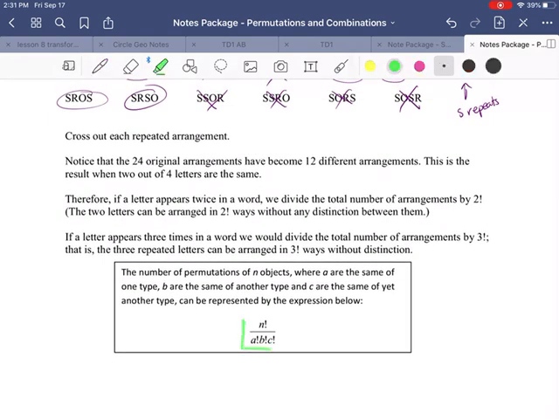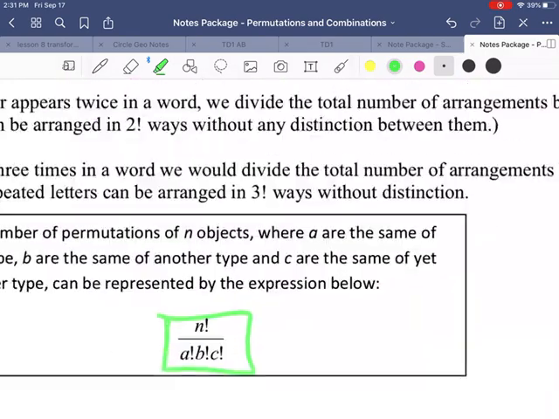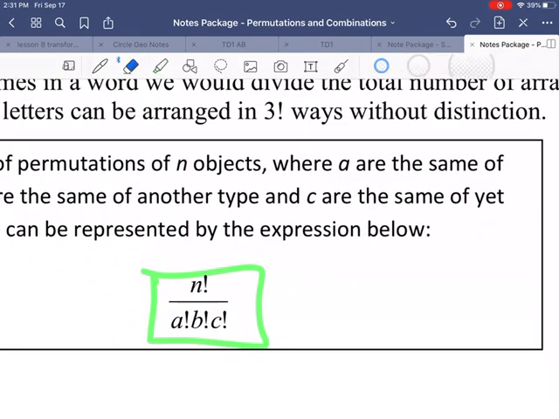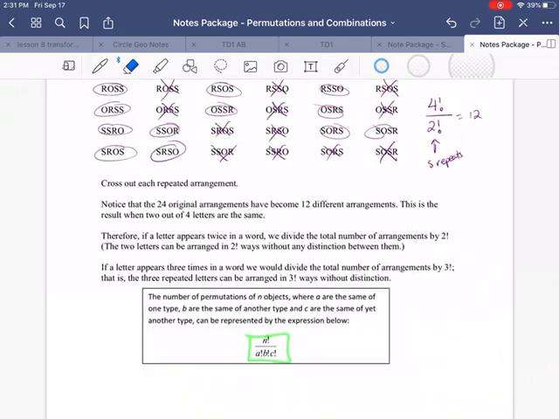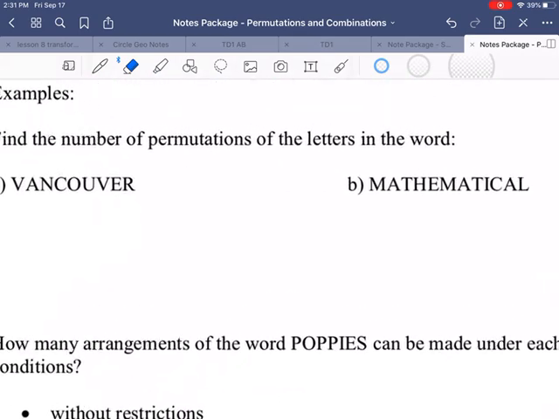And this leads us to our general situation here, where the number of permutations of n objects, so in the Ross or Rose example, we've got 4, where A are the same of one type, B are the same of one type, and C are the same of yet another type. Now in our example, we only used the first part of it, okay? If there's more repetitions, you simply divide by those repetitions.